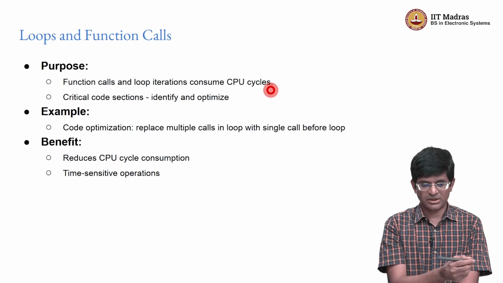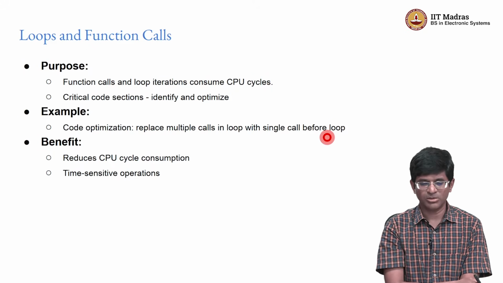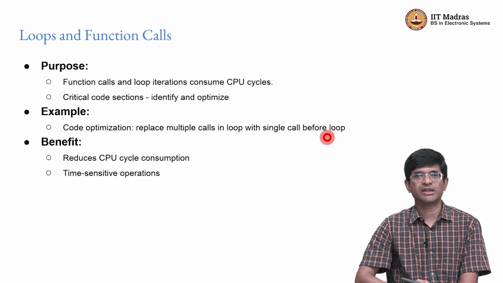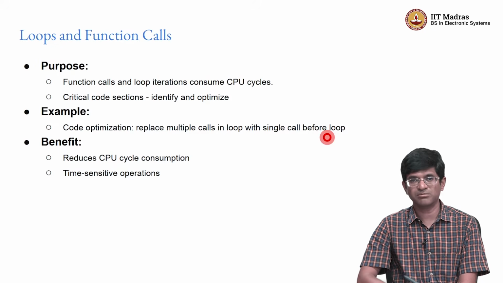Now an example of that, which is hopefully not very common, is that you could have a scenario where you have a for loop, and inside the loop there is a function that's being called multiple times but with the same set of parameters. And if that happens, the simple solution would be to take that function call, pull it out of the loop, execute it once before the for loop starts and just use that value internally.